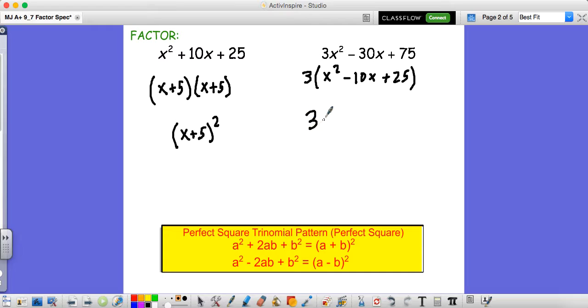So using our shortcut, this is just going to be x minus 5 squared. So if you can recognize that a is x and b is negative 5, it can make this factoring process quite a bit faster.